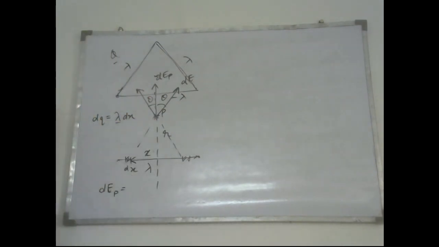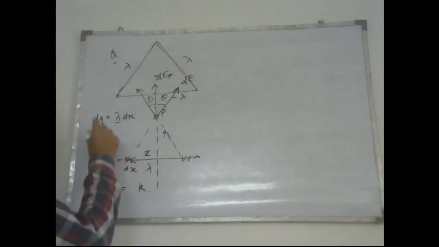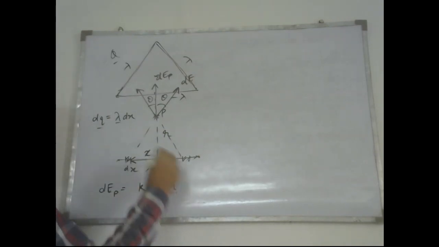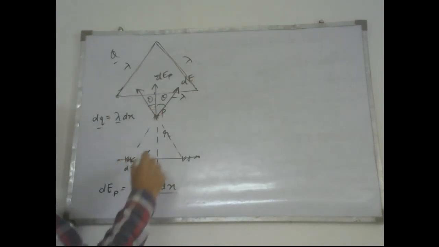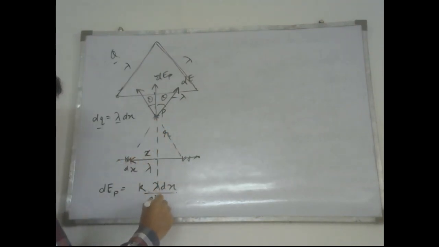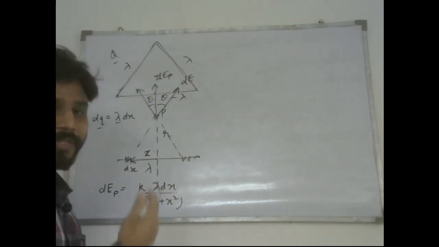So this is dEp. The electric field due to both these components would be k times Q, which is lambda dx, over the distance between the element and the point, which is the square root of r square plus x square, squared.